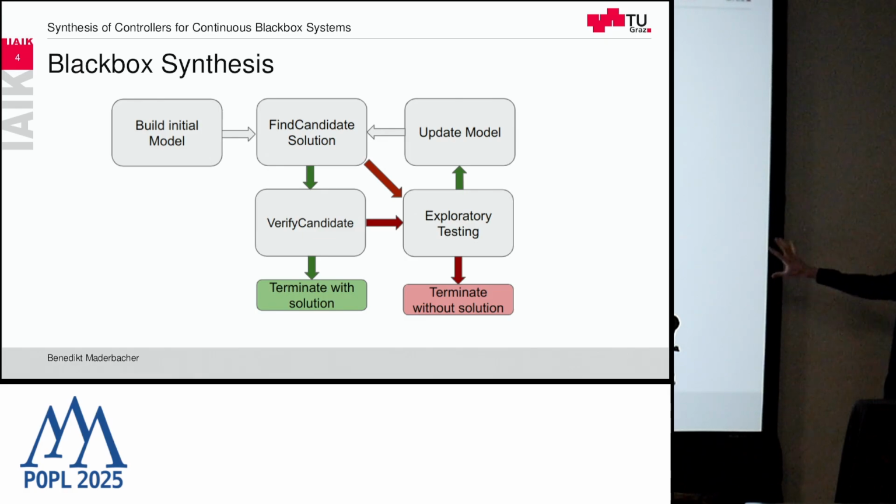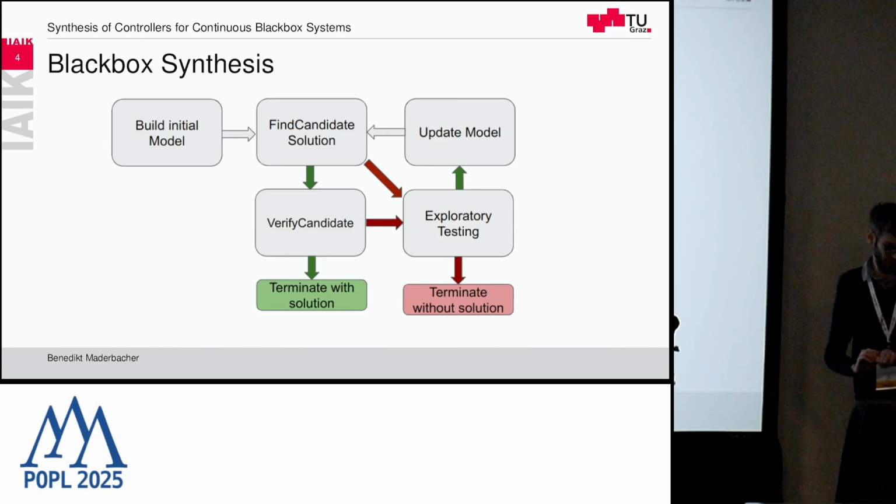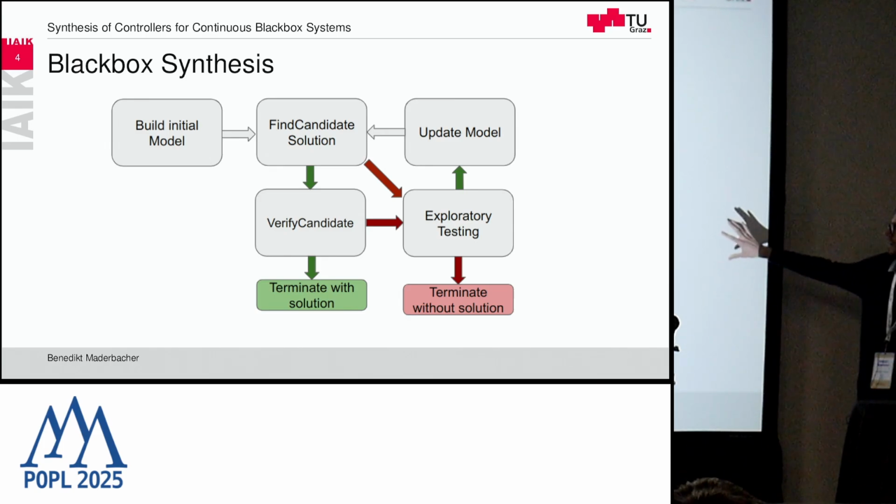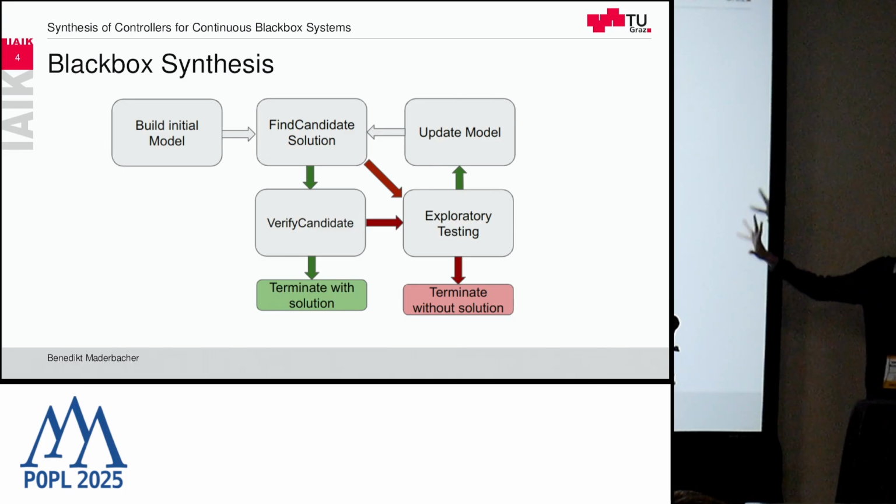So the high-level loop for this approach is depicted here. We start with some random samples and build a very small, very inaccurate initial model. We try to find candidates on this model and then try to verify the candidates, which we can do even though we have an infinite state system, with some assumption I'll get to in a moment.